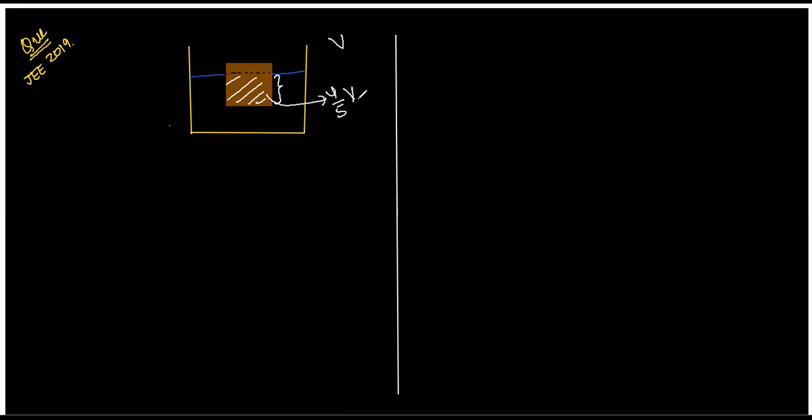It says that when a certain amount of oil is poured into the bucket, it is found that the block is just under the oil surface, with half of its volume underwater and half of its volume in the oil. I'll draw what I'm saying.